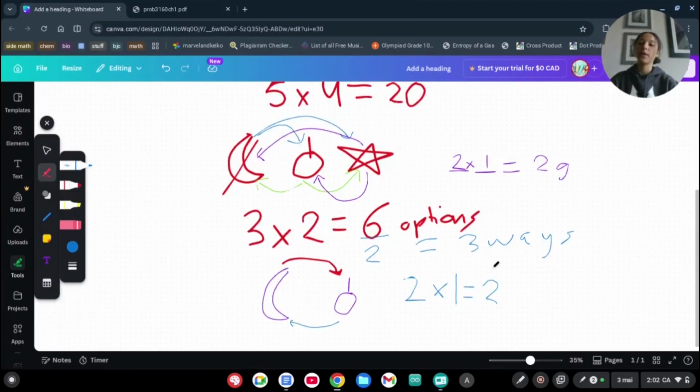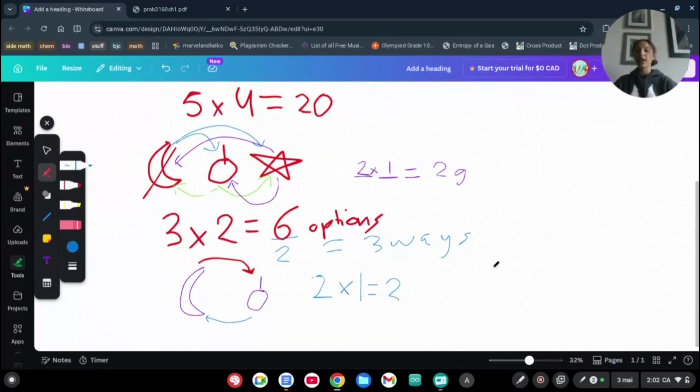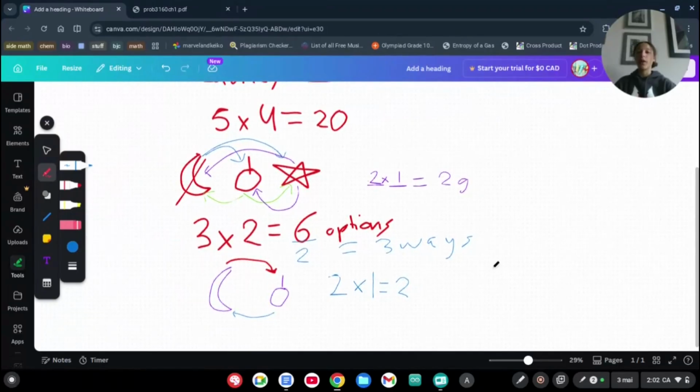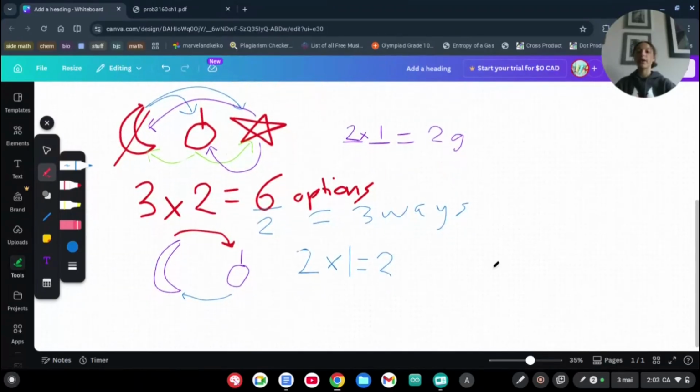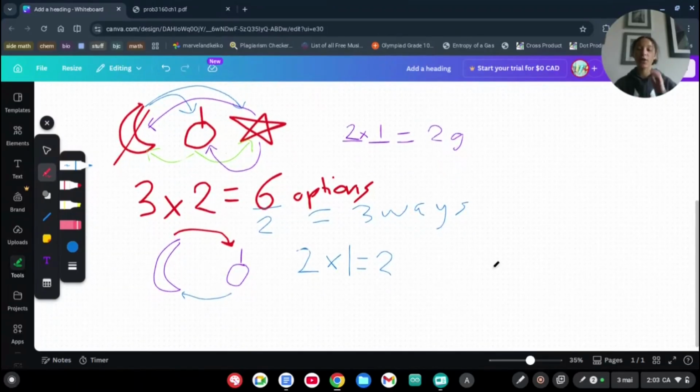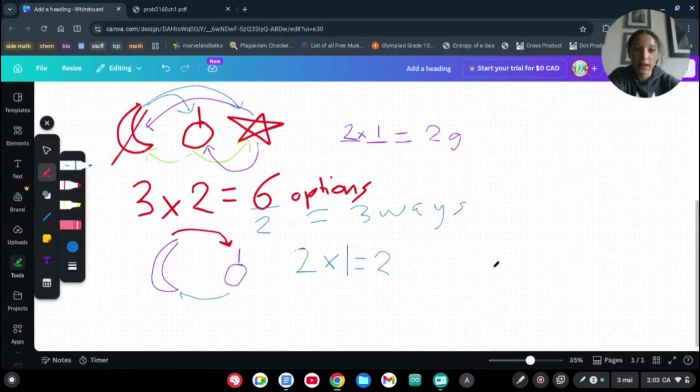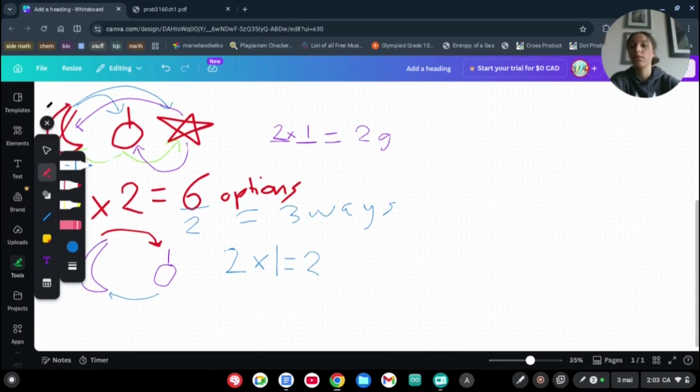Okay. So this logic is what will bring us to the equations of combinatorics, which you may have seen and wondered, what is that? But it's actually really simple once you take the time to become familiar with the thought process.